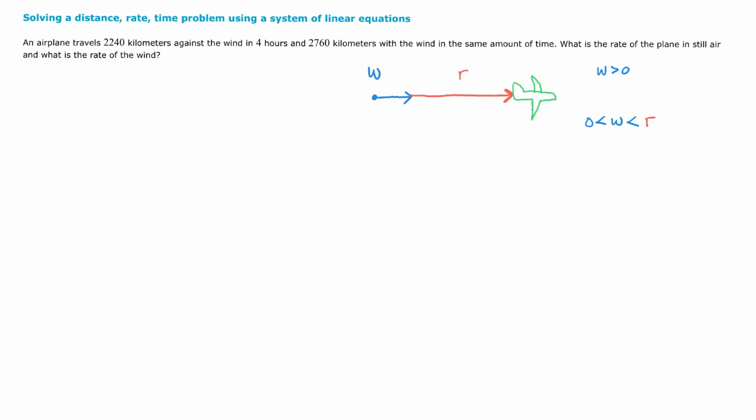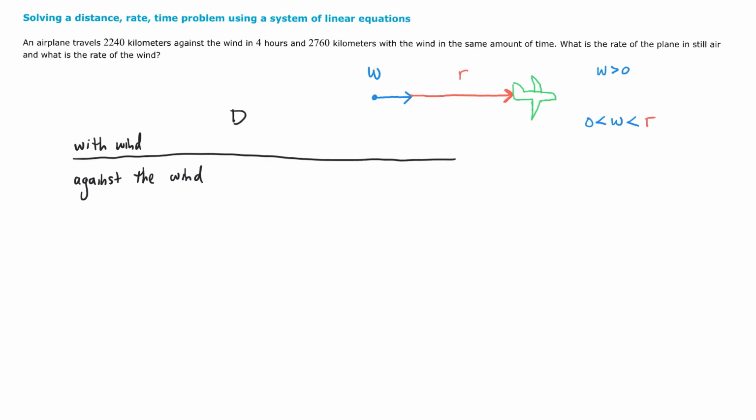Why don't we organize the given information in a chart? We need a couple of descriptors. So let's say with the wind and against the wind. The first column of my chart is usually representing distance.